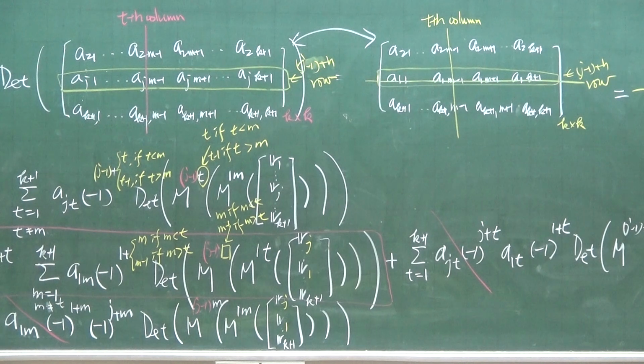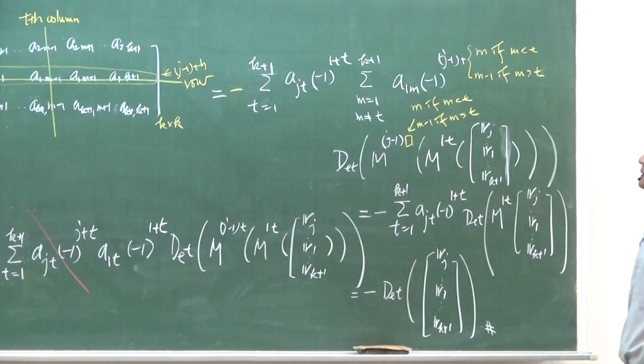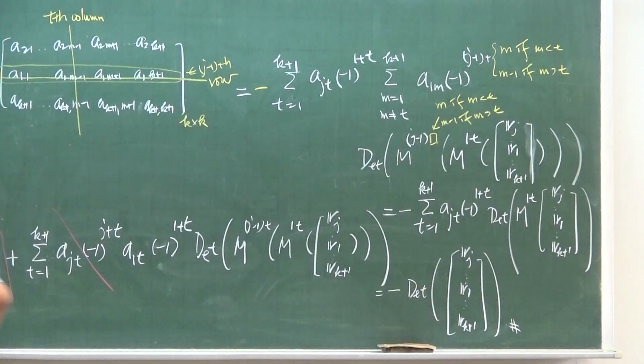So now this expansion is that we take R_j as the first row. Okay, so the a_jt will be the entries of the R_j, the first row. And so this is minus determinants of R_j, R_1 and R_{k plus 1}. Okay, so we have done. Sorry. So case number 2 is a little complicated because we have to replace the first row by R_j.